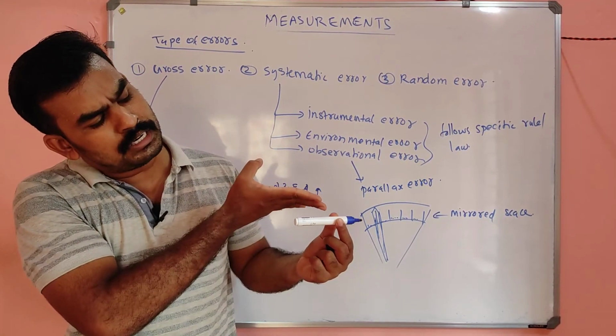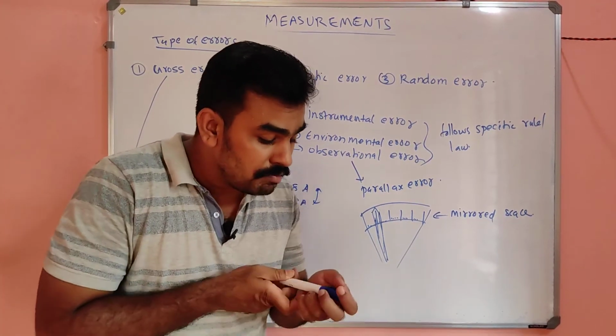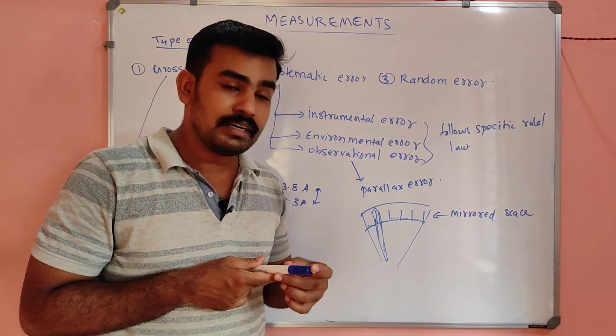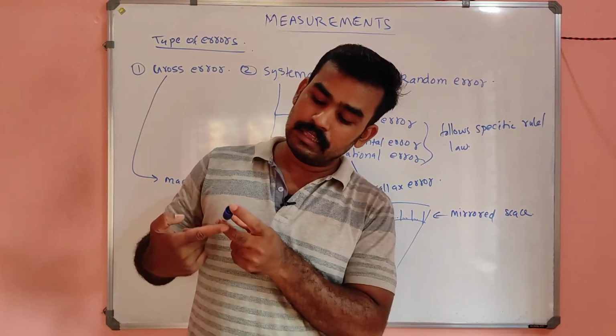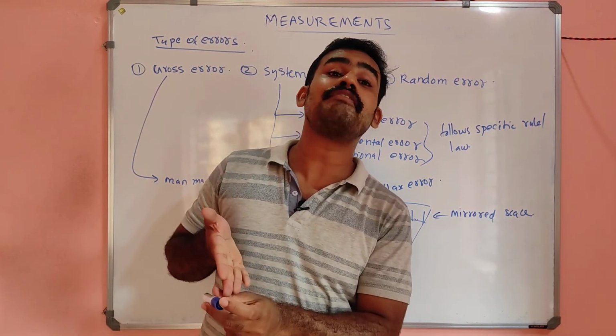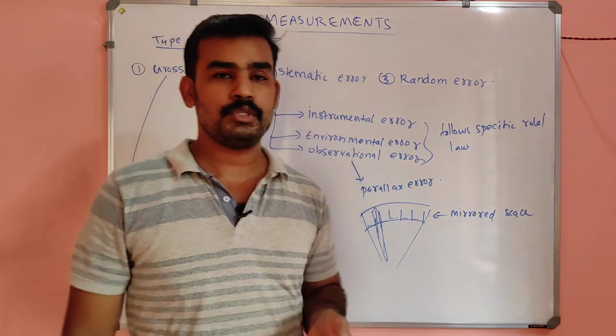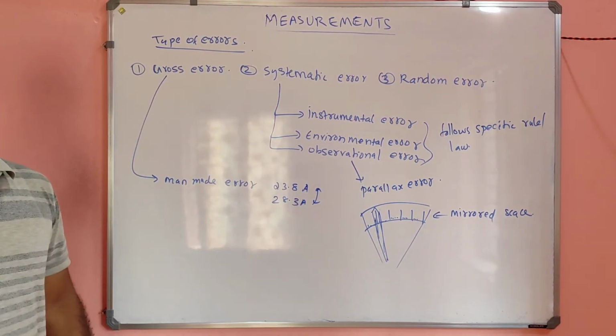You can directly take the value from the reflection. You need not always be at the top of the needle. You can take the reading from here or from here, because the reflection is already on the mirror. You just see the reflection, not the needle. In that way you can avoid that type of error also.